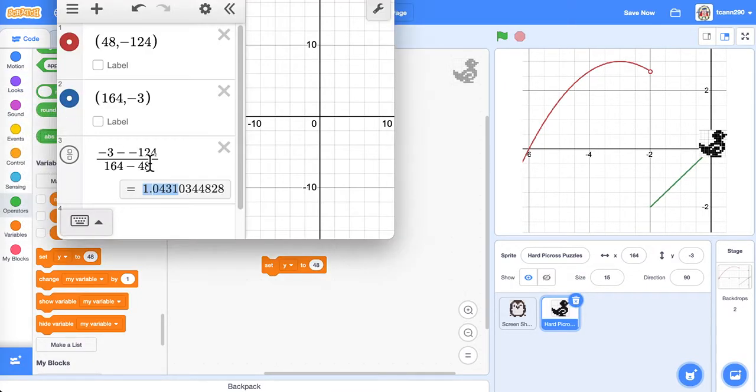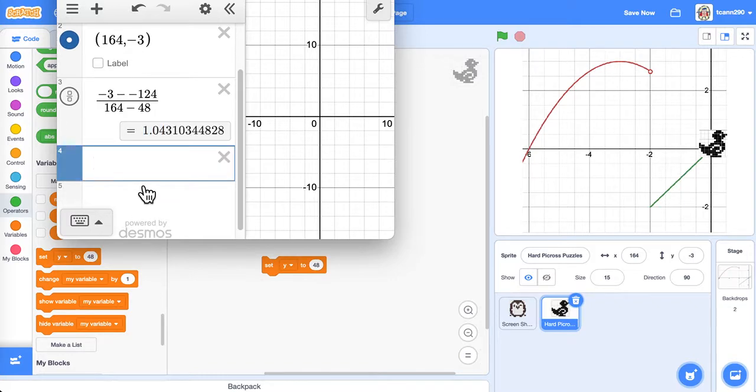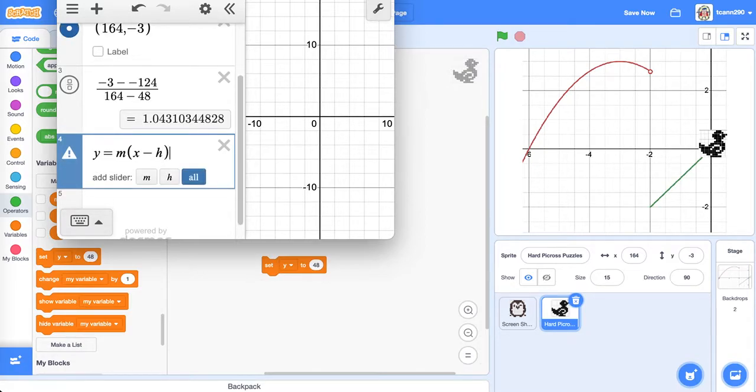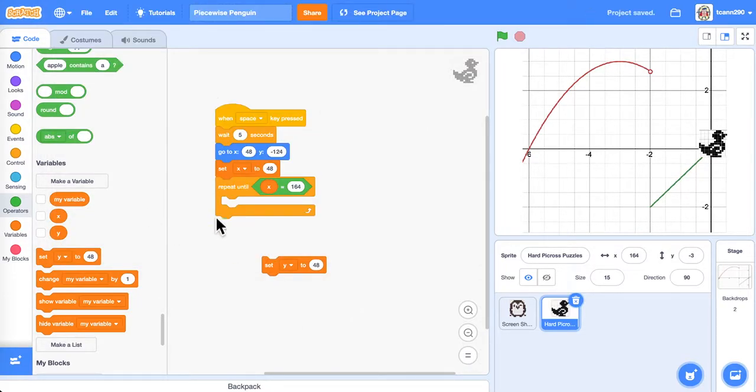That linear model is in the form of y equals m times x minus h plus k. That's the form we want to be using. The h and k is a coordinate, the m is the slope. So my k value is a negative 3.